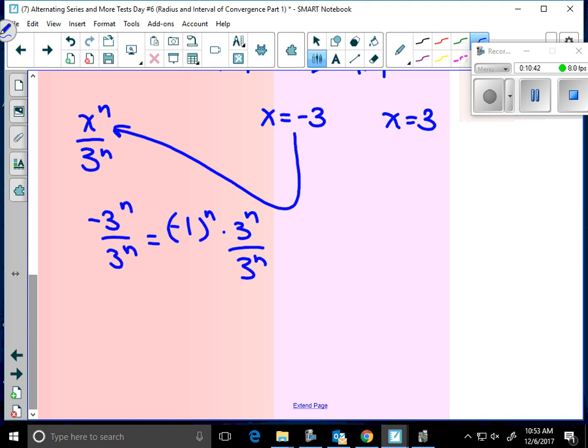Well, what about this one then? 3 to the n over 3 to the n. Would that be convergent or divergent? Well, it'd just be 1, right? What happens if I add 1 all the time for the rest of time?